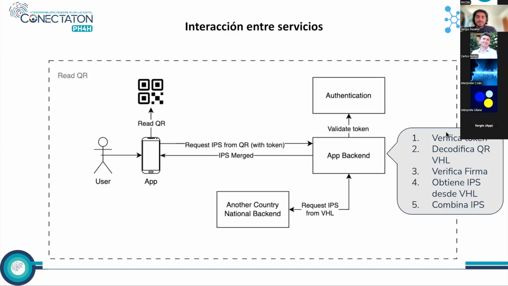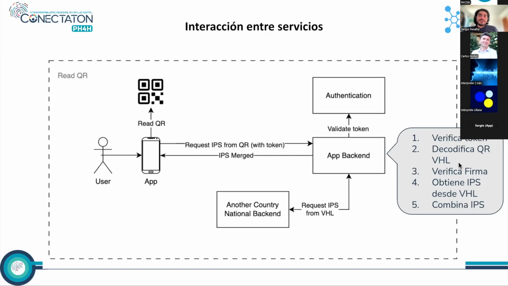So basically the backend carries out these 5 steps in this transaction. The first thing is it verifies the user's token to make sure that it is the right person.